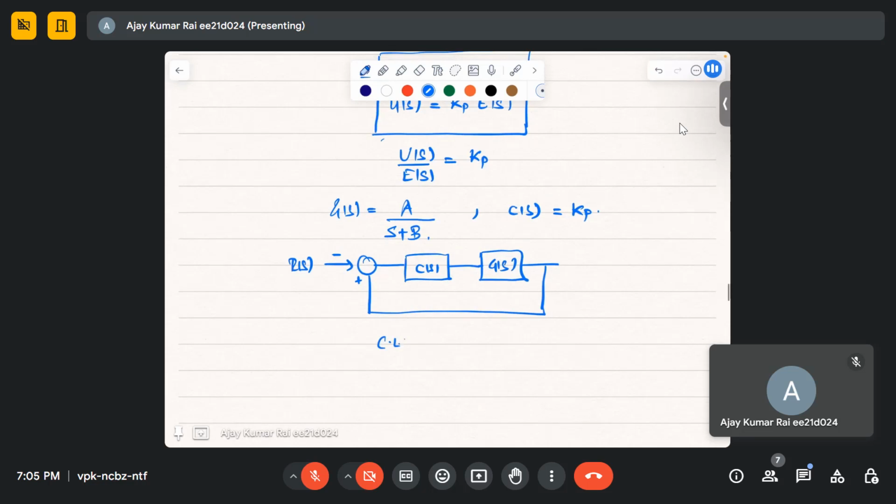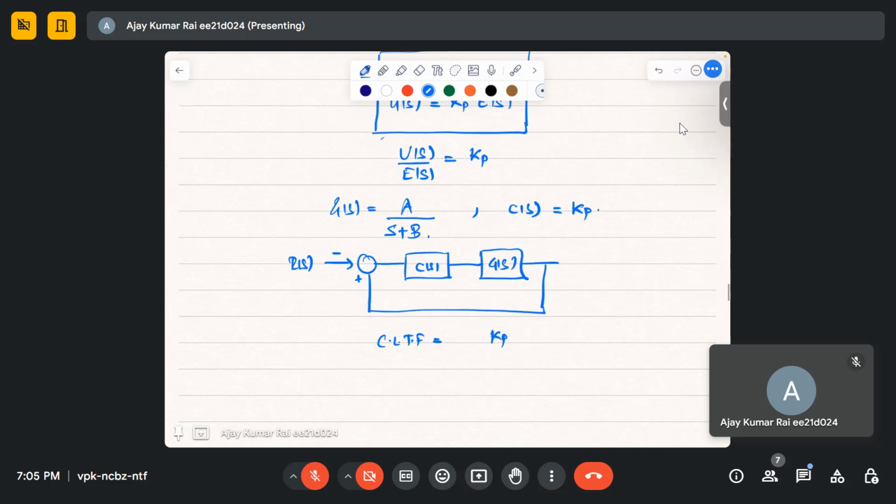For the closed loop transfer function, what you'll get is Kp into a over s plus p plus a into Kp.